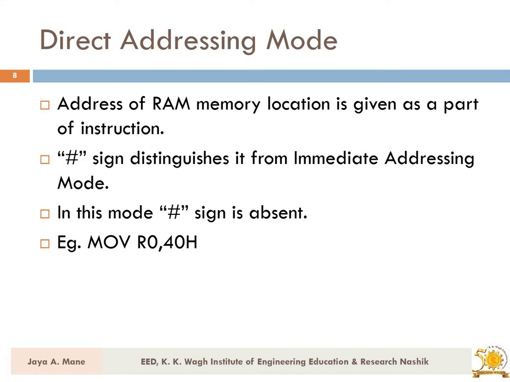After executing this instruction, R0 will have the value 10H. So 40H is indicating the address at which a certain value is stored. When we say MOV R0, 40H, we are saying move the contents of the 40H location into the R0 register. So that is your direct addressing mode.